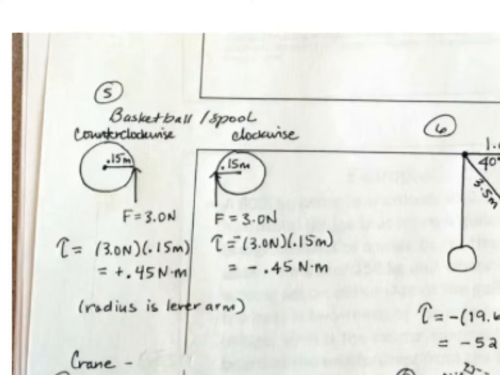Notice here that the lever arm is the radius, because I've got a pivot point, axis of rotation, going to come over, I'm going to hit this with a 90-degree angle. So the radius is the lever arm. So I'm going to get the torque: 3 newtons times 0.15 meters, 0.45 newton meters. This will rotate it counterclockwise. This force would rotate clockwise, so you just get the negative there.